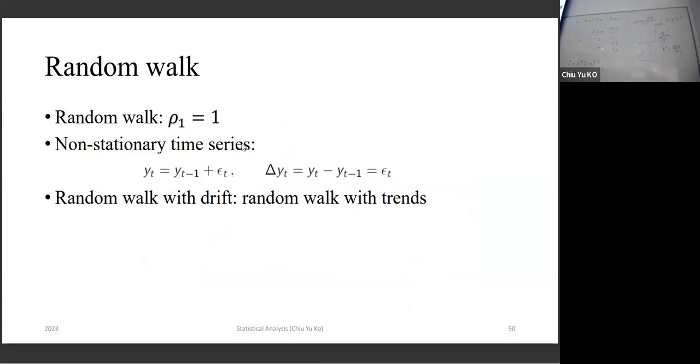Random walk is what? It's a guy like me. If I drink enough alcohol, then I don't know where I am. I'm just walking, and I can't walk in a straight line. I will walk left and right, randomly. That is the random walk.